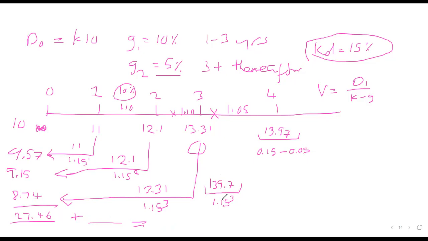139.7 over 1.15 to the power 3. What are we getting? 9.19. Pardon? 9.19.